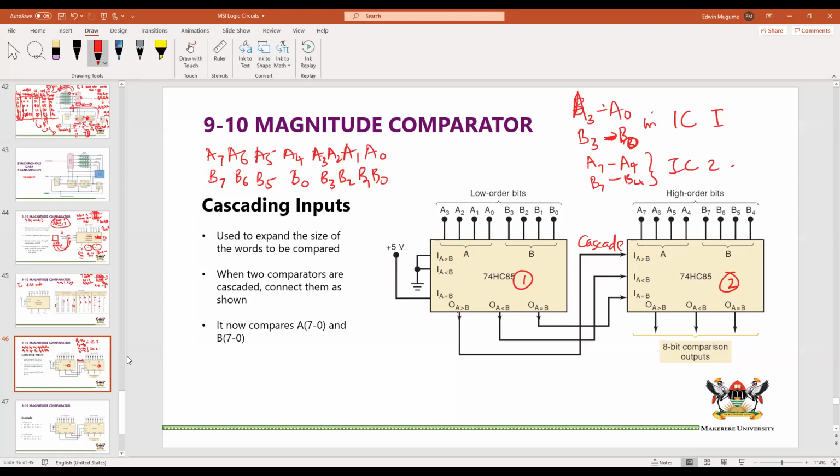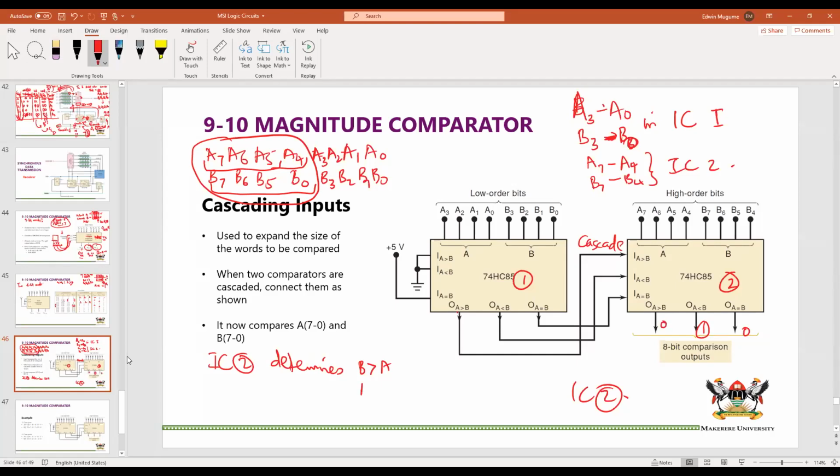However, if you are comparing these, you would first look at IC2. Why? Because it is the one with the higher order bits. So you can look at A7, A6, A5, A4, and B7, B6, B5, B4. If IC2 determines, for instance, that B is greater than A, then it will generate a 1 here and a 0 and a 0.